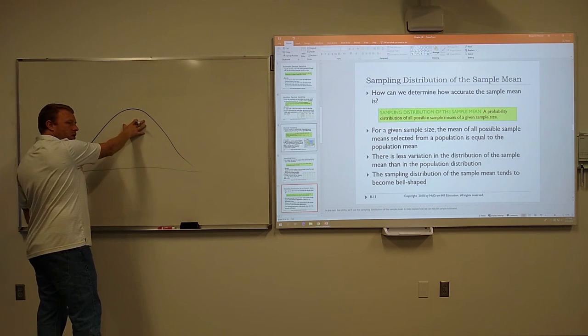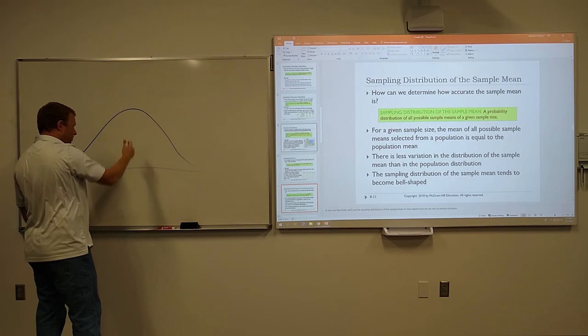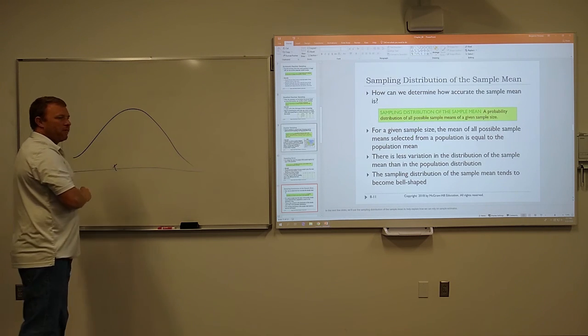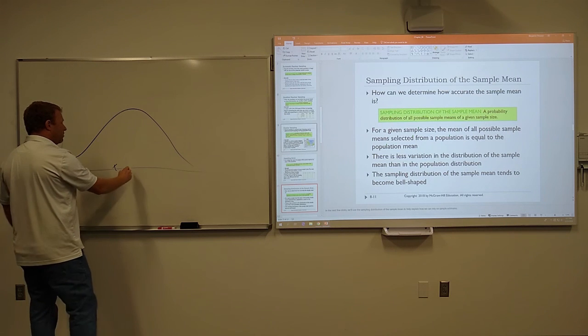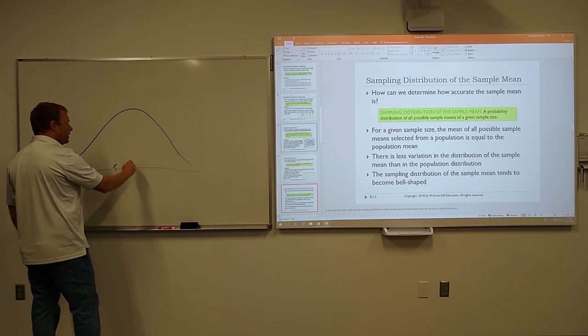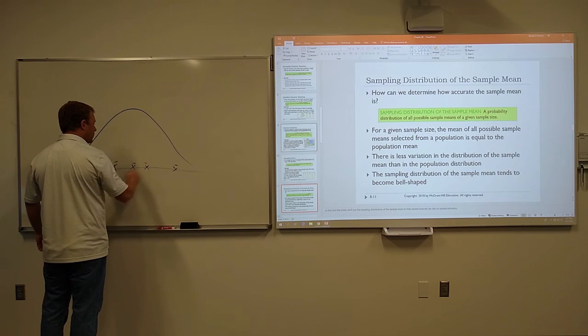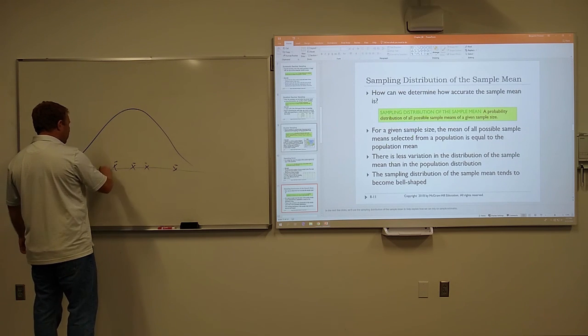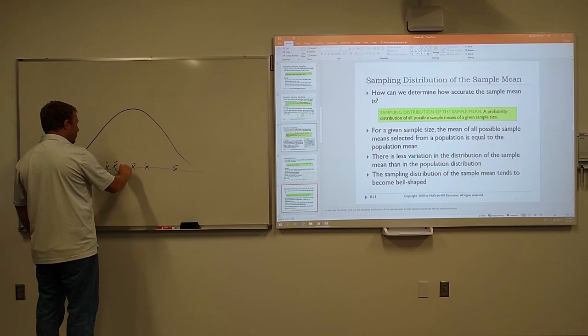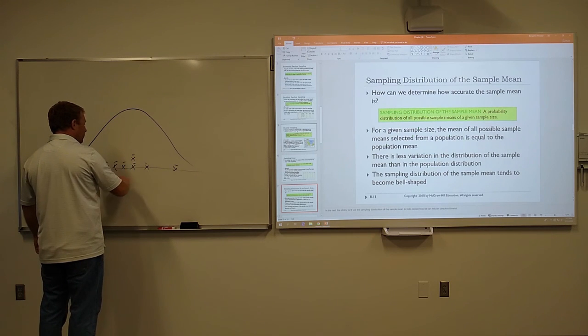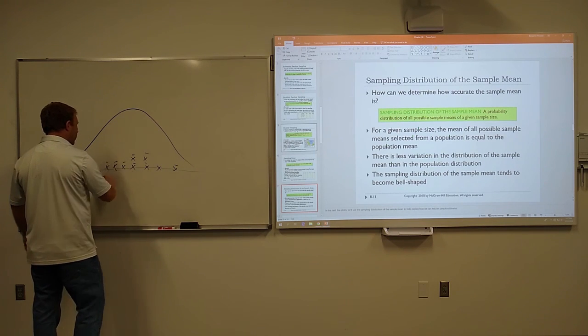Because remember, our data is grouping in the middle. But we do a sample of 5, let's say, and we get an answer there. And then we take the mean there. And then we do another one, we get the next bar there. And then we do another one, we get the next bar here. We get one here, and we get one out here. But they're going to start to accumulate around the mean, aren't they?